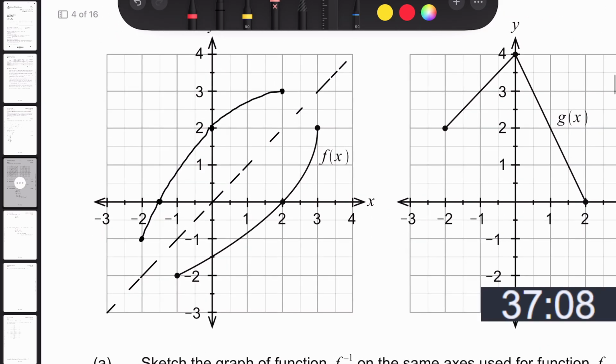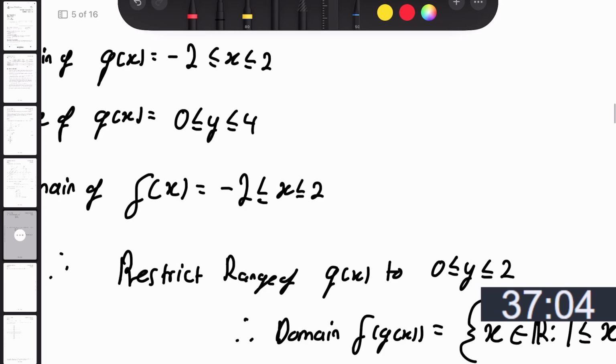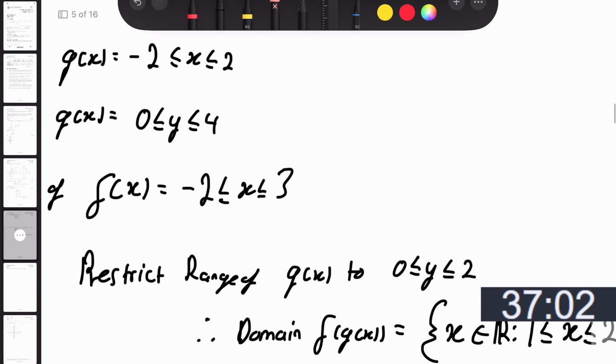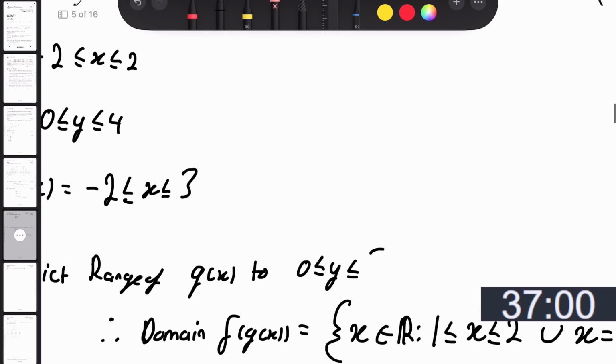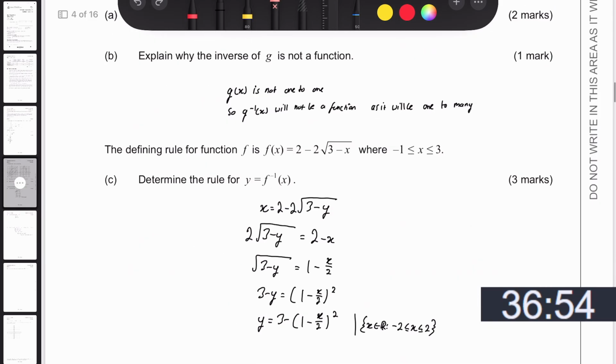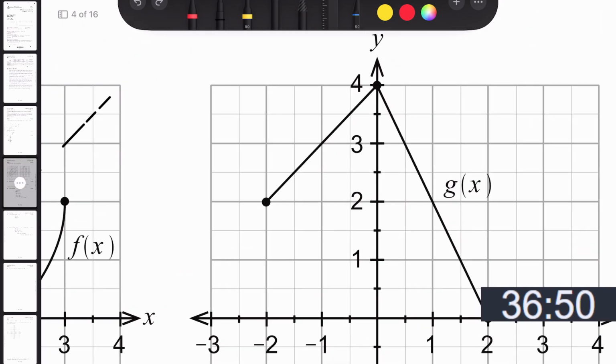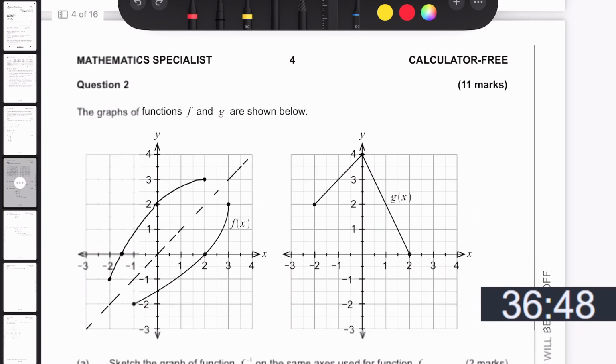Oh wait, no, 2, 3 goes up to 3. To 3, not to 2. So 3, it is 0.5. So I'm going to have negative 2 to negative 1.